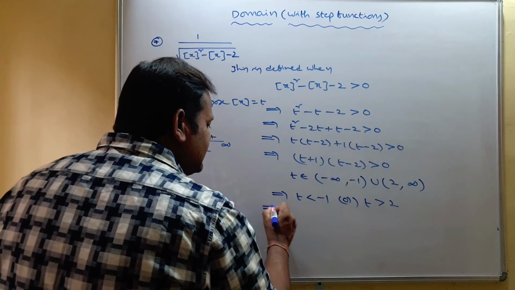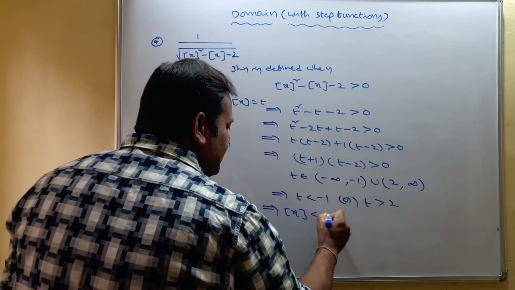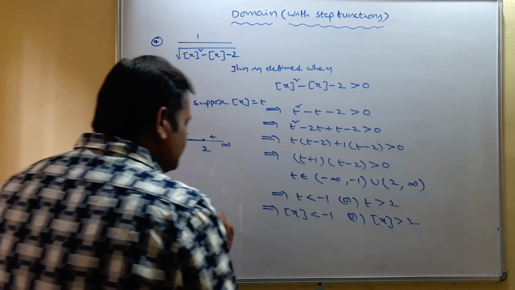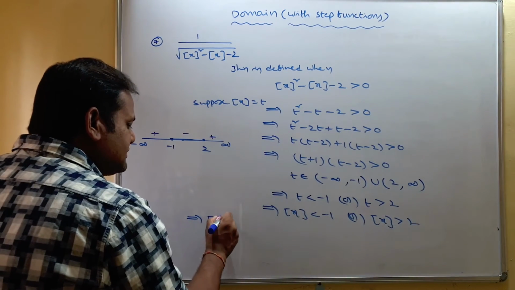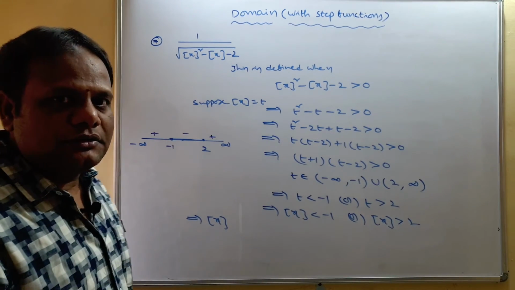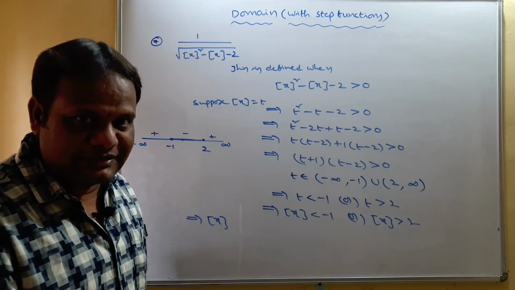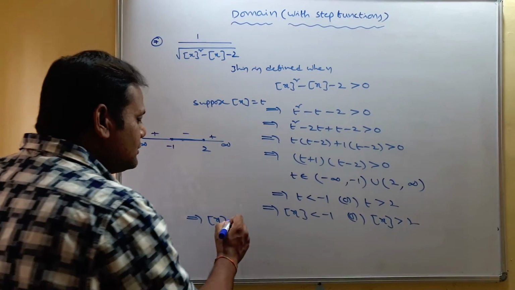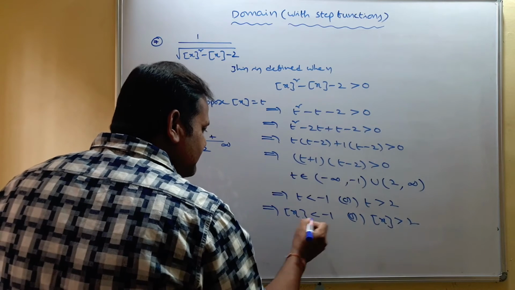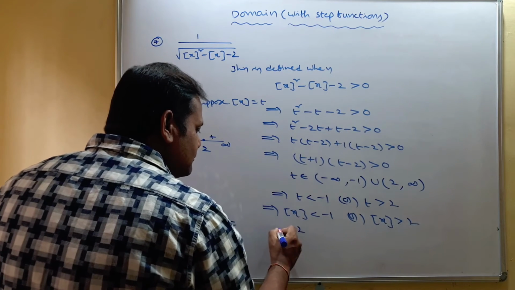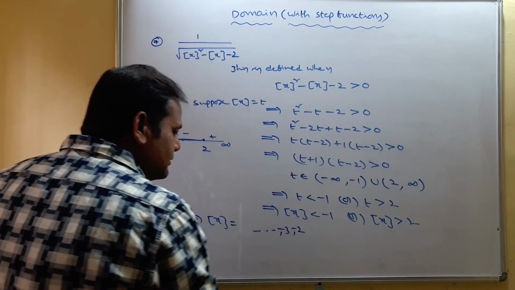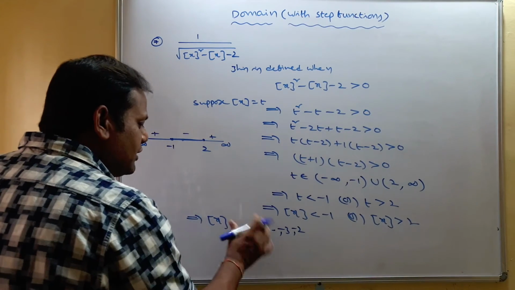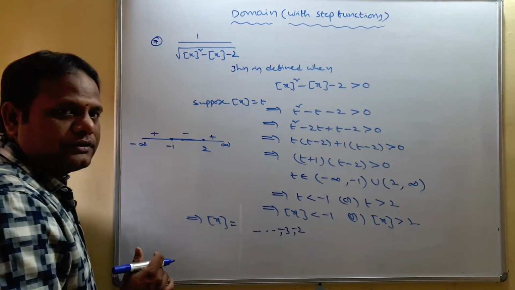But what is t? It is [x]. So [x] < −1 or [x] > 2. You know that [x] is an integer and less than −1. So [x] values may be −2, −3 till −∞. So when can we get these values in place of [x]?